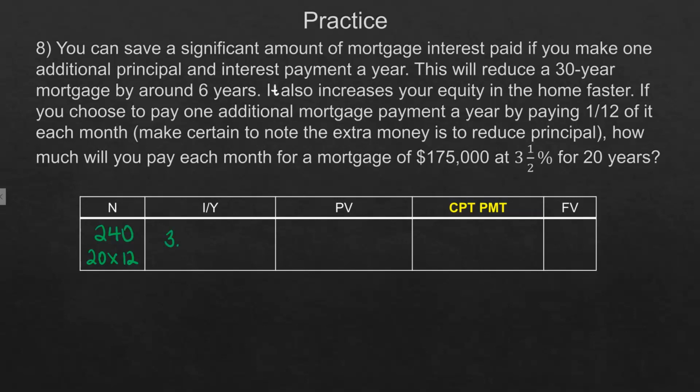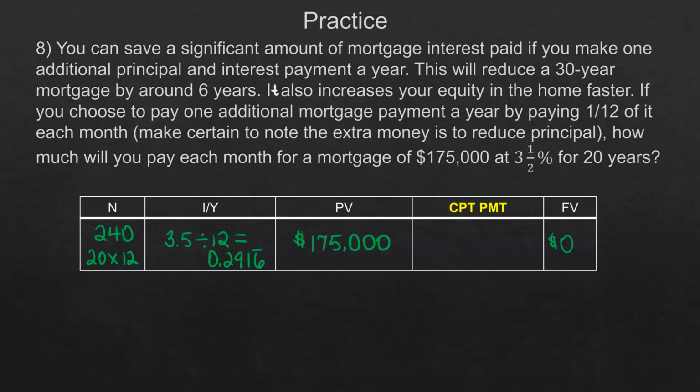Our interest rate is 3.5. We're going to divide that by 12, which is 0.2916, the 6 repeating. The loan amount is $175,000. Of course, future value is 0 again because this is a loan.